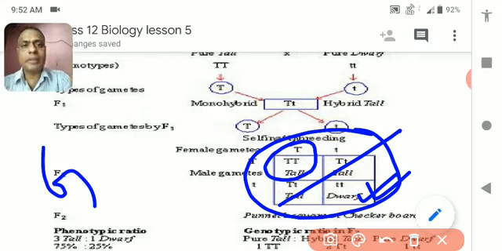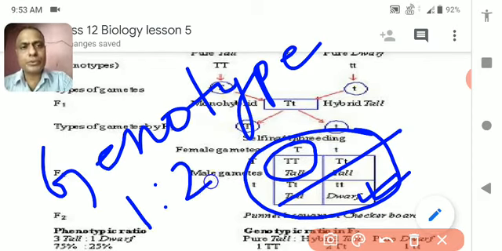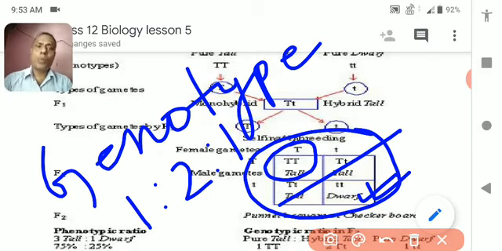So genotypic ratio becomes 1:2:1, while phenotypically they are 3:1.